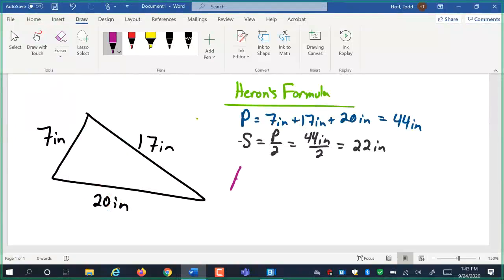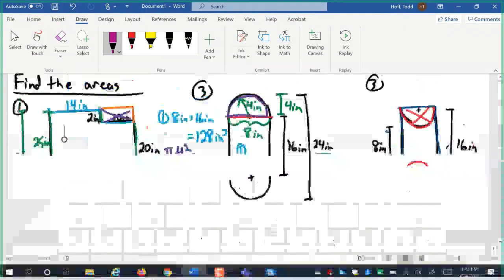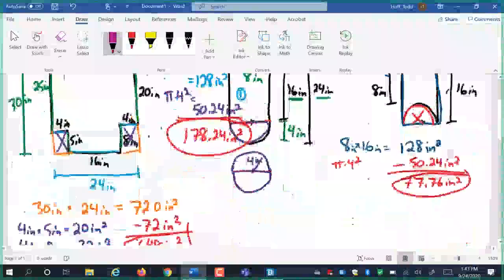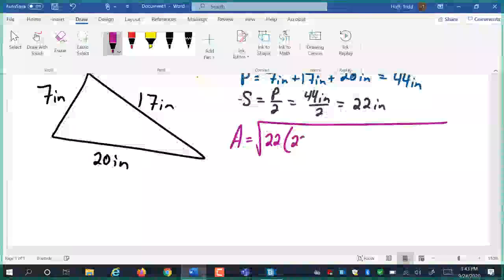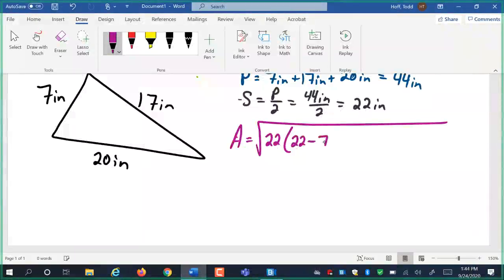So then the area was found by taking the square root of that semi-perimeter, 22 inches, times that semi-perimeter minus the shortest side, so 22 minus 7, times that semi-perimeter minus the middle length side, so 22 minus 17, and the semi-perimeter of 22 minus the longest side, which is 20 in this case.